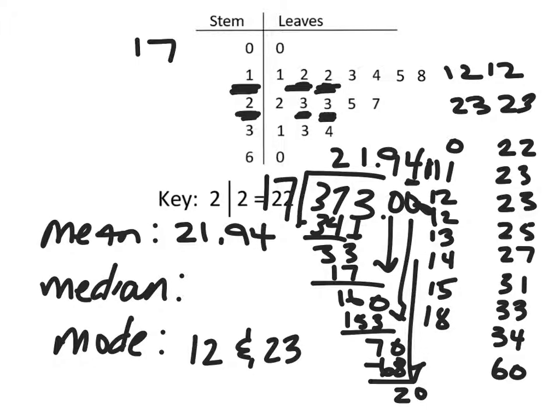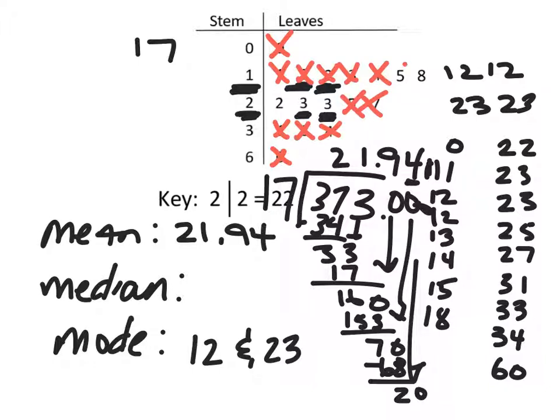Now finally, the median. The median is found by searching for the middle value, the value in the middle of the set. So if I cross out the smallest and the largest, the smallest, the largest, the smallest, the largest, I'm working my way toward the middle.